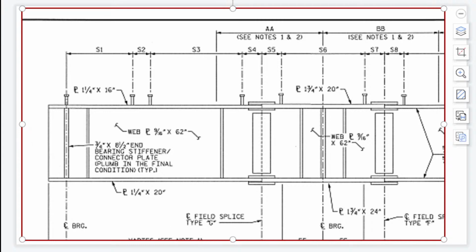Next, that is our girder elevation. How does our girder look like? Okay, so that is how the girder looks like.